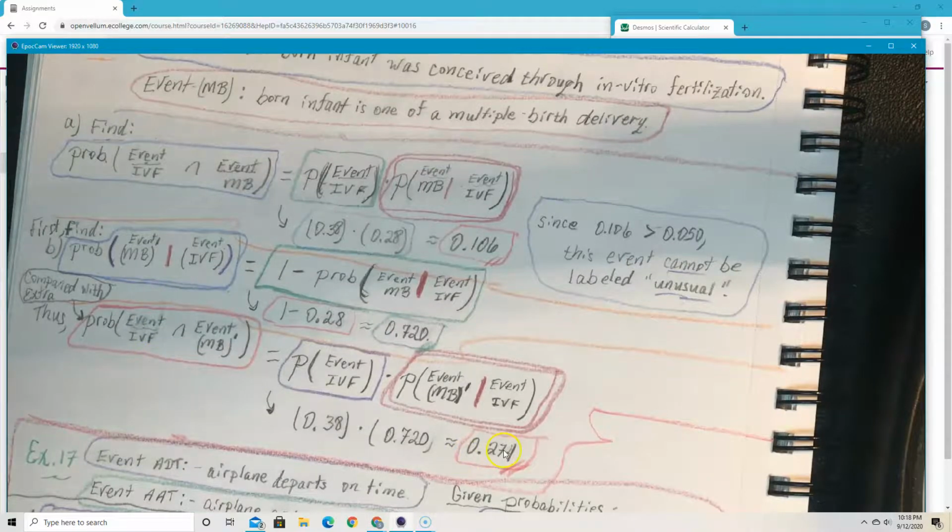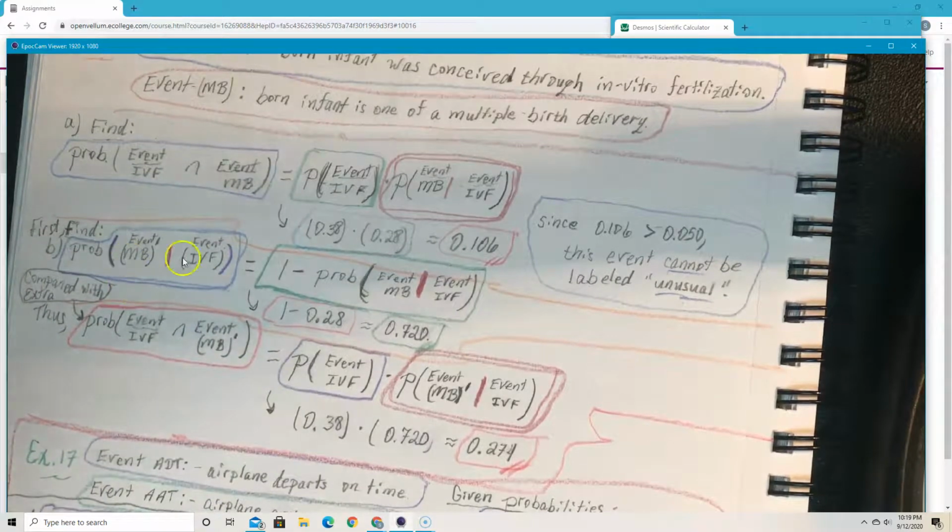There's a 27.4% chance that a randomly selected infant was conceived through in vitro and was not part of a multiple birth, if you believe all these numbers. I'm not saying believe the computations, but believe the original numbers they gave us.